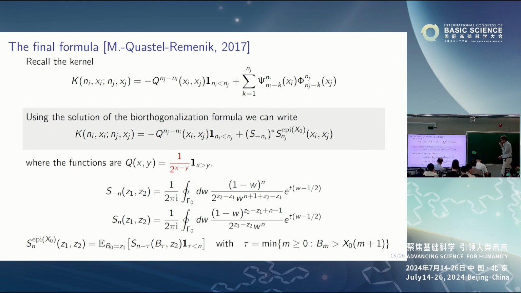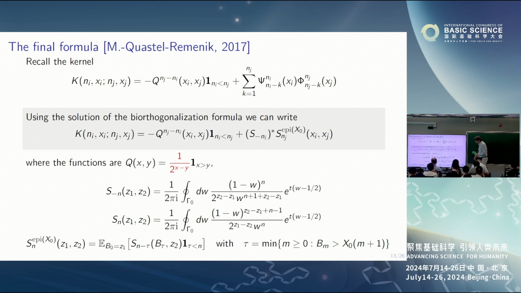So what is this expectation? Inside this expectation, we look at the random walk B, whose transition kernel is this kernel Q. This random walk starts at time 0 at the given location z0. It walks until it hits the curve x0, which is the initial configuration of particles.